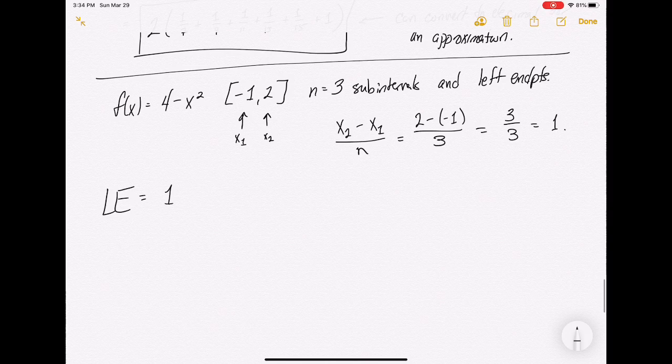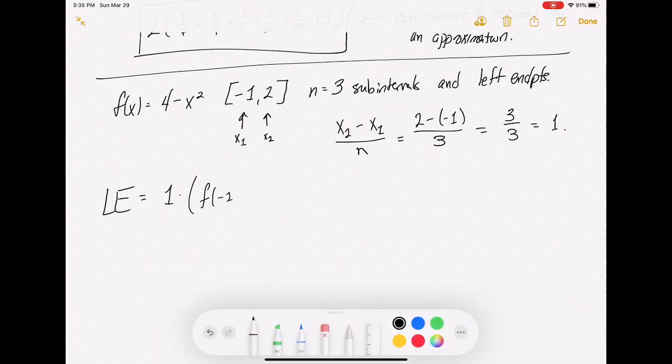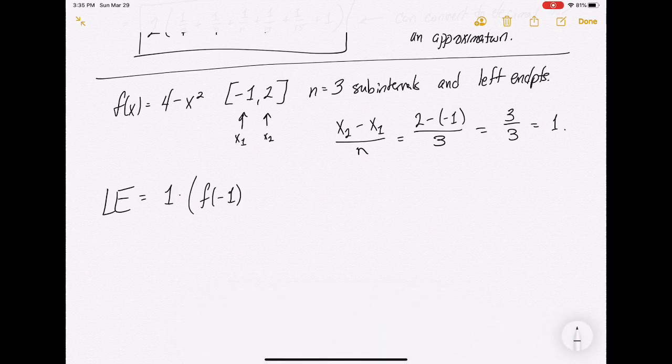So that was my x2 minus x1 divided by n, and then I have f of x1, which is -1, plus f of -1 plus 1, because this is again our ratio. This is x2 minus x1 over n, plus f of -1 plus 2, because that's really 2 times x2 minus x1 over n.